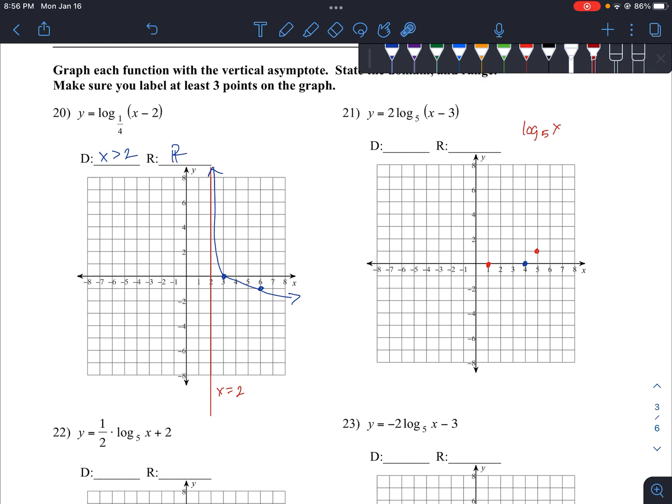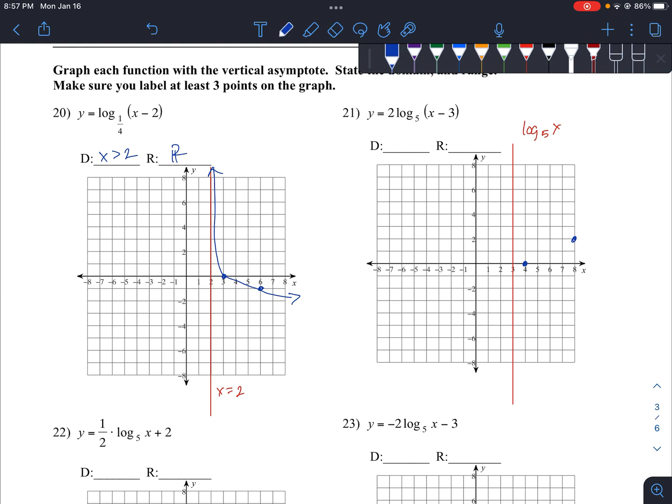This point right here, since it's one distance away from the x-axis, I'm going to vertically stretch it by 2. So it would go right here. And then I'm going to move it to the right 3. So 1, 2, 3, right there. And the vertical asymptote, which was along the y-axis, will be moved 1, 2, 3, just like that.